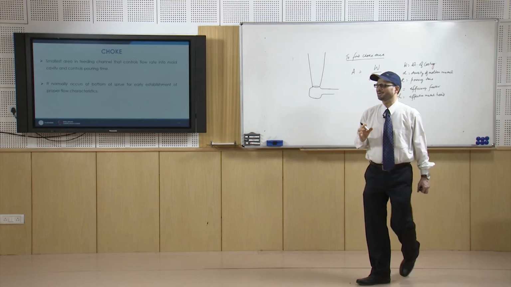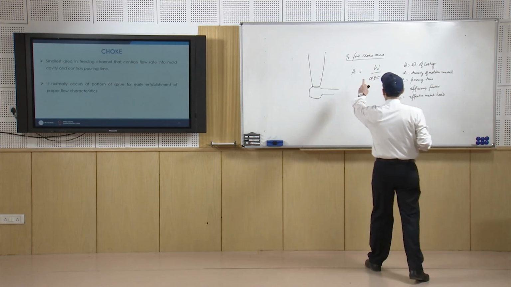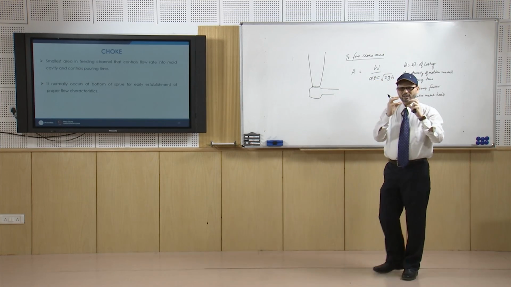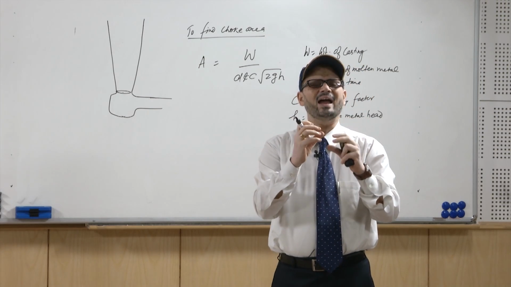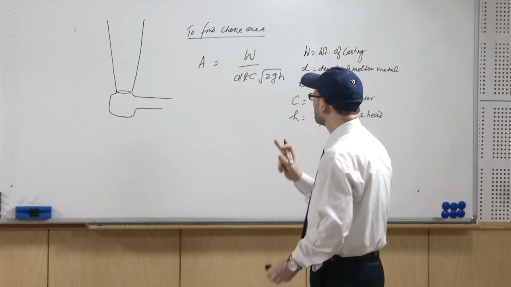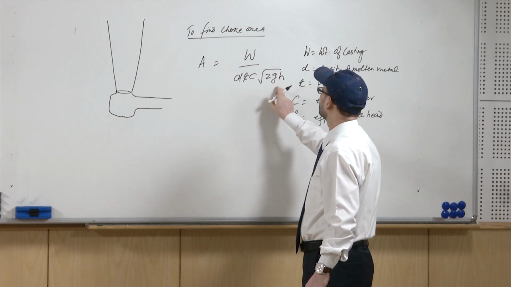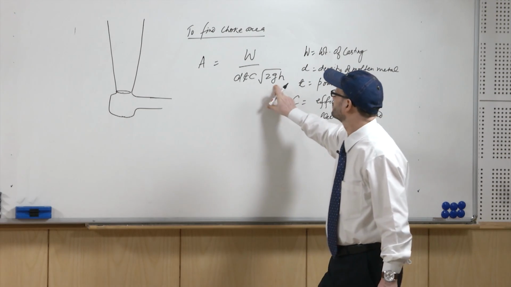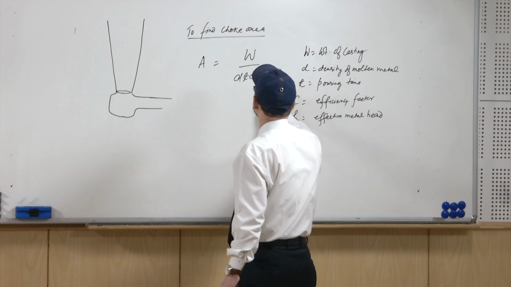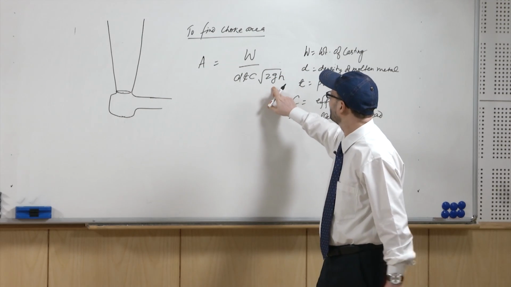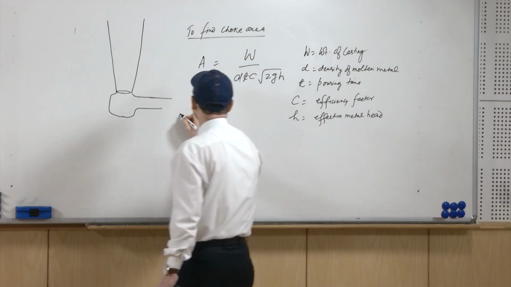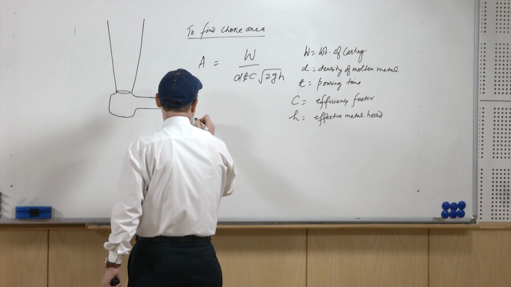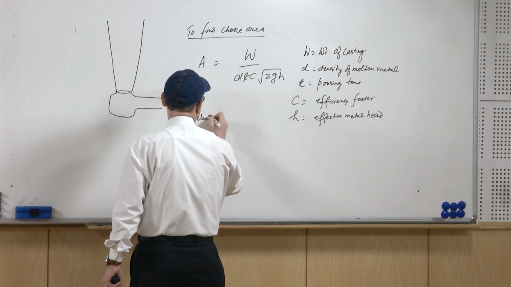Once you have the area of the choke and you know the velocity, which is nothing but root 2gH, area into velocity gives you the volumetric flow rate.